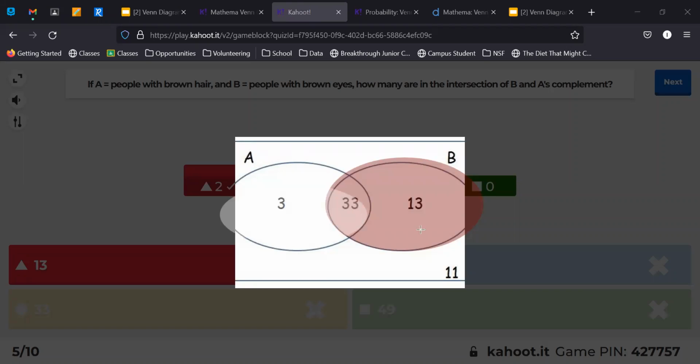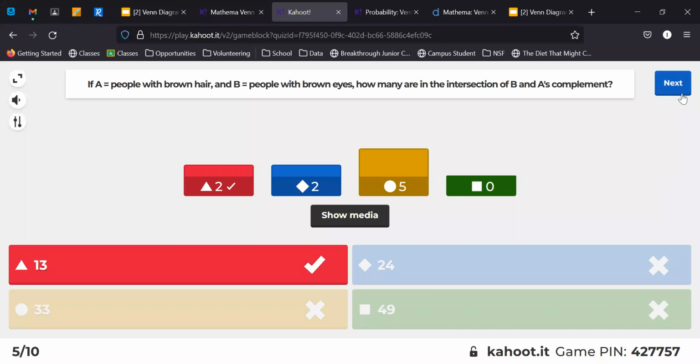So it would be everything that is not in the intersection of A and B, but is in B, right? So it would be 13. Remember I said it's the intersection of A's complement and also B, right? It's not saying B's complement. I said that, but y'all were probably focusing on the problem or something, right? So yeah.